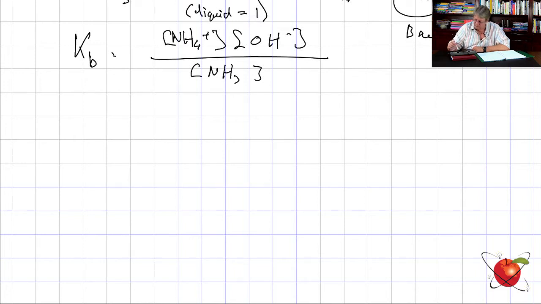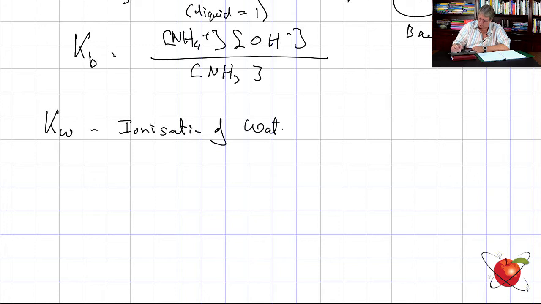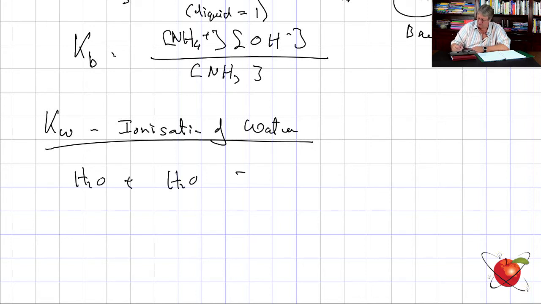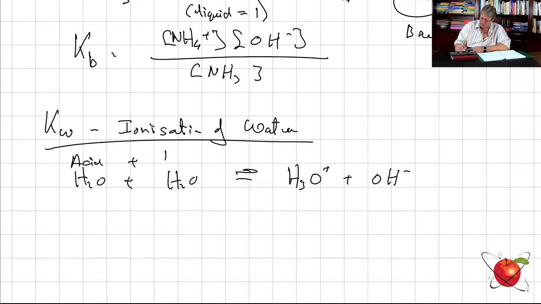Lastly, before we move forward, we need to look at Kw, which is the ionization of water itself. Remember we said that H2O plus another H2O can go to H3O plus and OH minus. One of them is the acid, plus the base, goes to the conjugate acid, plus the conjugate base, like so.